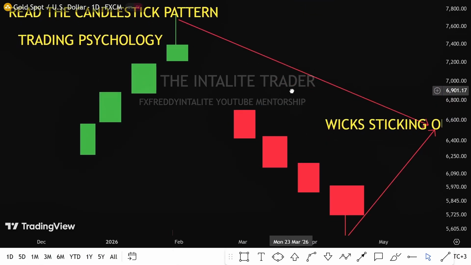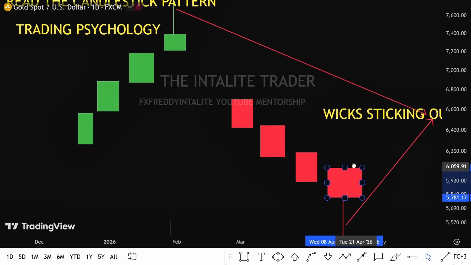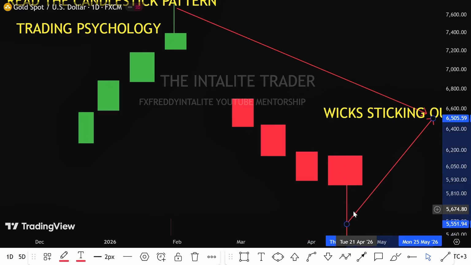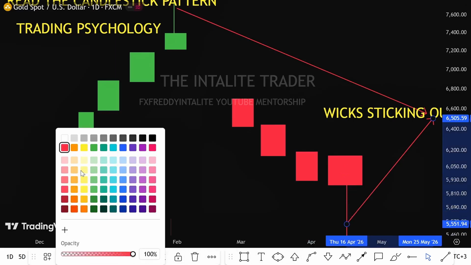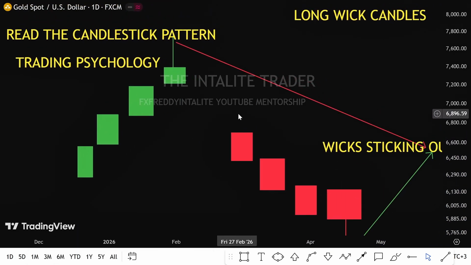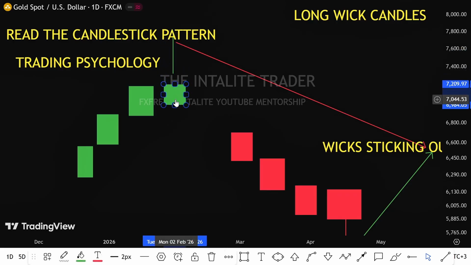Let's say, for example, you come across such a pattern. What does this pattern tell you? This pattern tells you as price was going up, you had a candle that opened and pushed higher, but this candle was rejected.